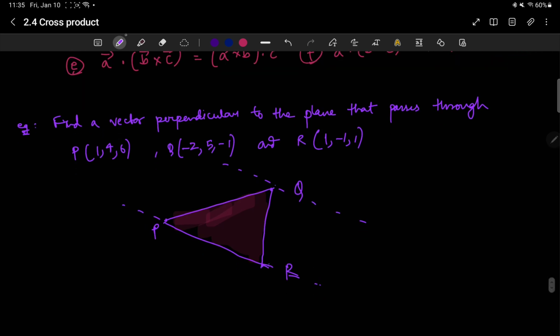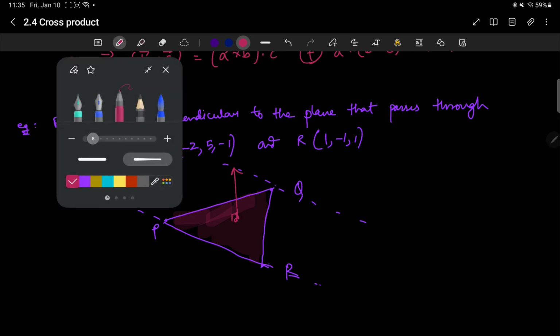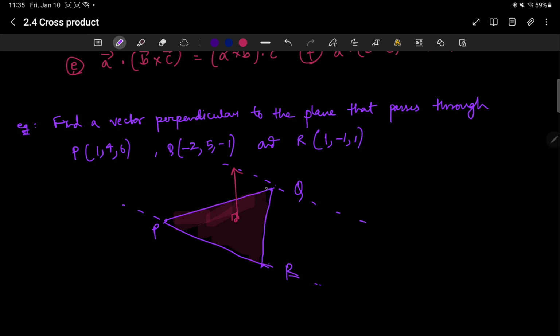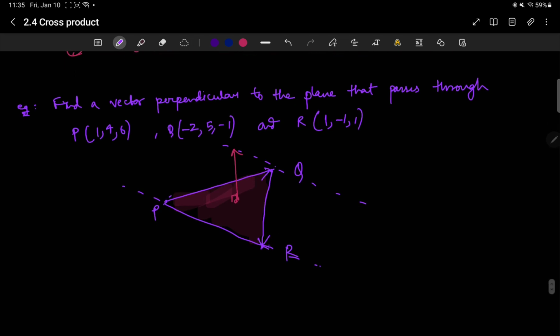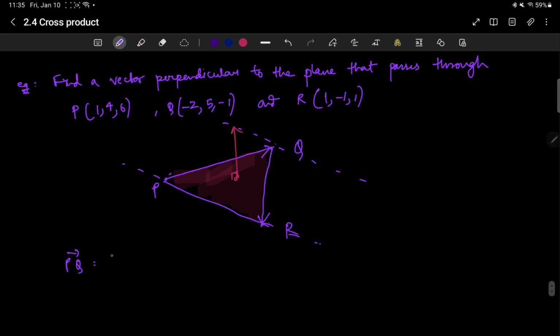I'm trying to find a vector that is perpendicular to this. So I'm trying to find something that makes a 90-degree with this plane. And I know I can do that with cross products. All I need now is 2 vectors to cross. So I can take this vector and I can cross it with this vector. To find the vector PQ, I just have to subtract one from the other, right?